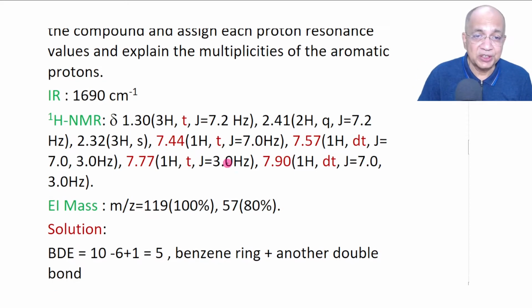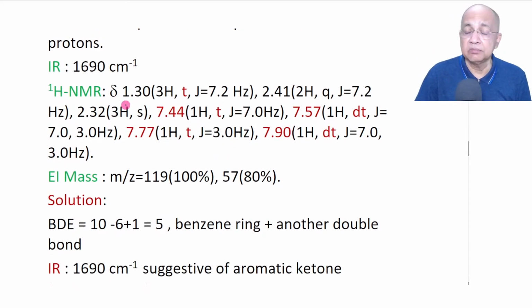Now let me read out from the lowest ppm to the highest ppm. 1.3, 3 proton triplet, coupling constant is 7.2. Then 2.41, 2 proton quartet, same coupling constant. 2.32, very close, again 3 protons but singlet.